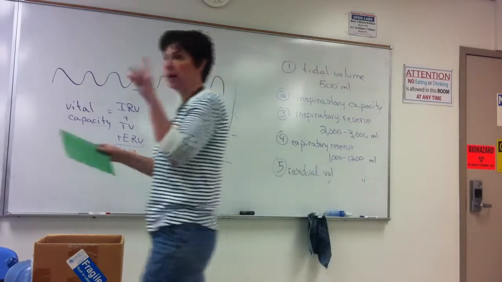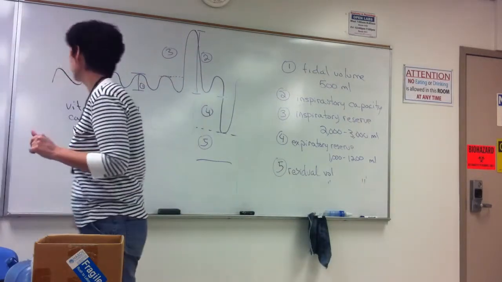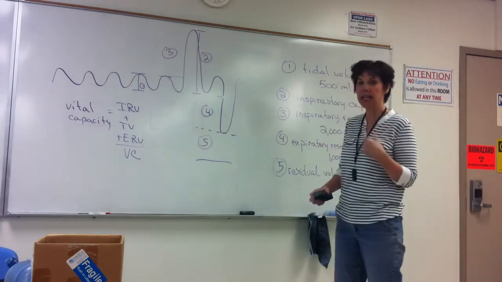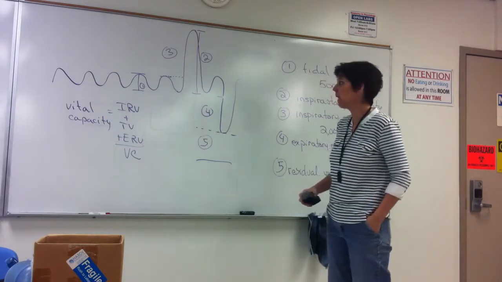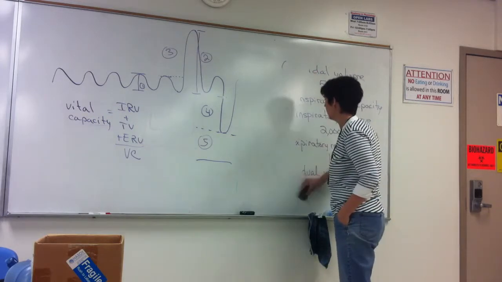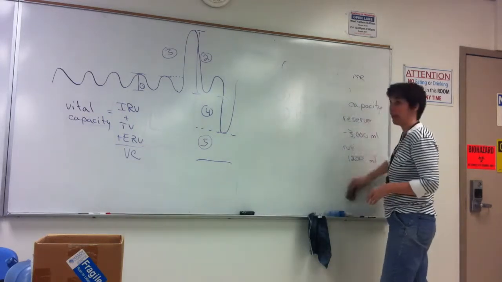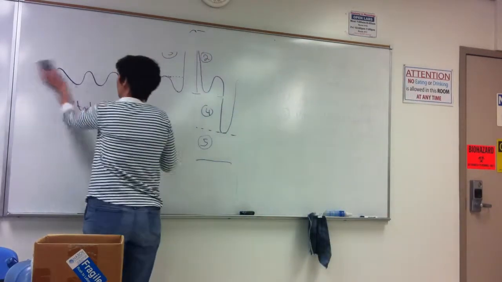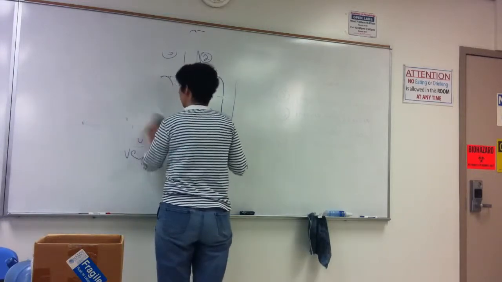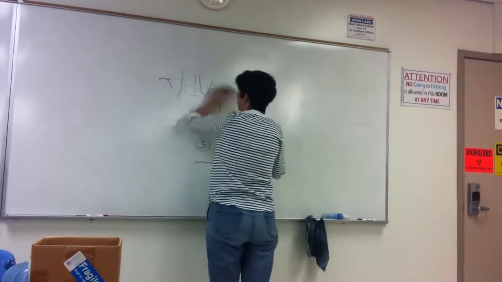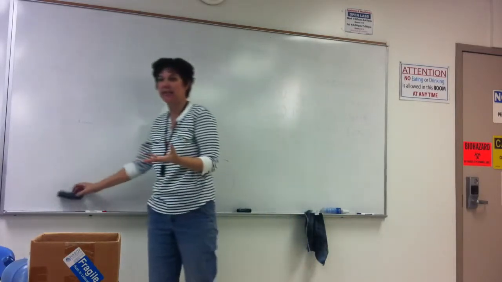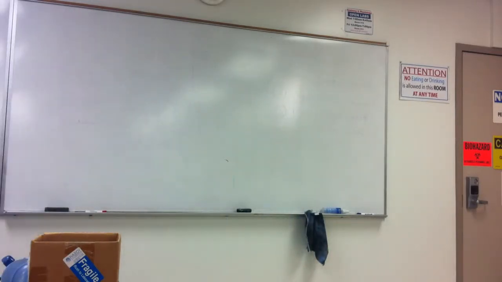There's one more test, which is a functional one. These are just normal airflows, all right? There's another one that we can do with the spirometer, called forced expiratory volume. It is a ratio, a percent of the amount of air that you can breathe out in 1 second, sometimes done as 2 or 3 seconds, divided by your overall vital capacity.